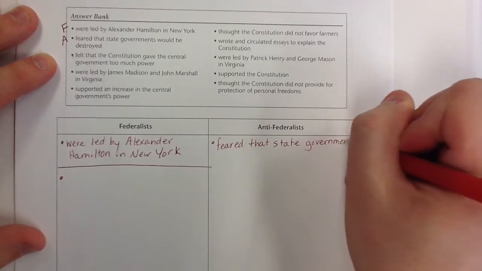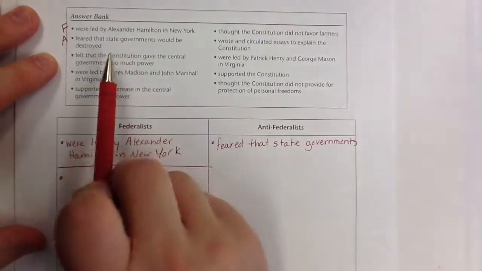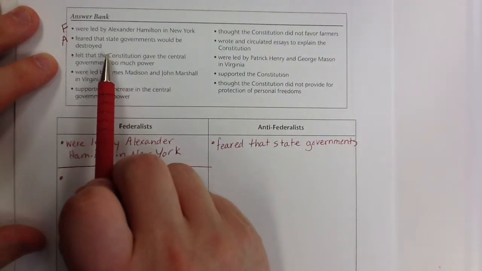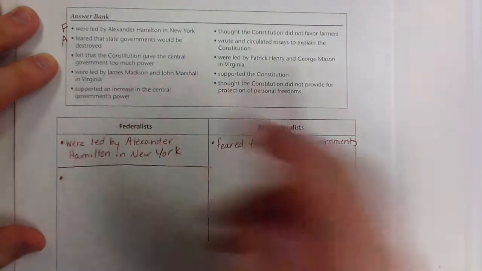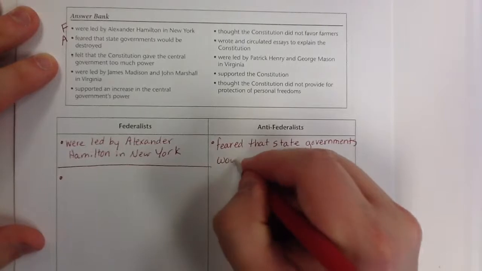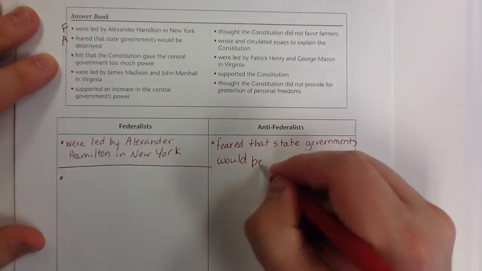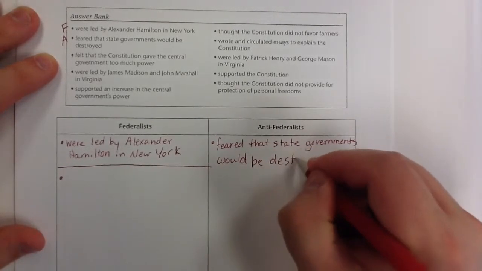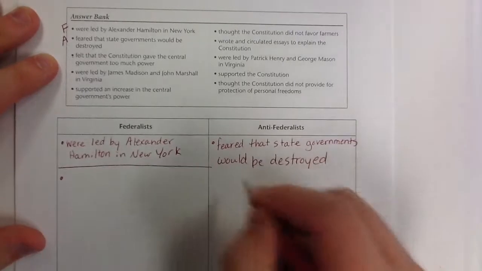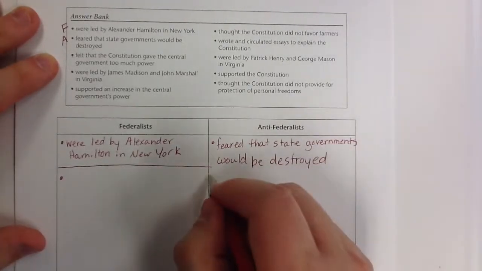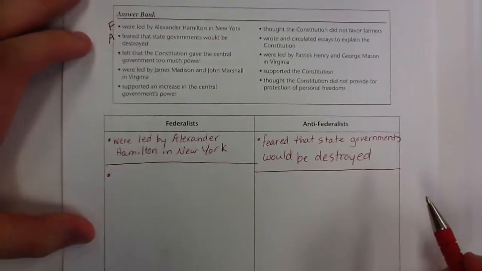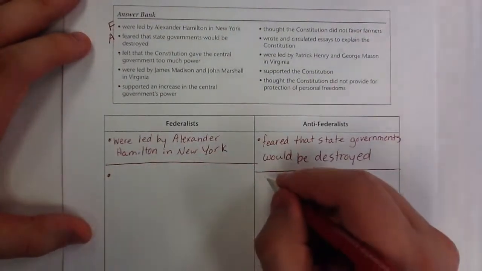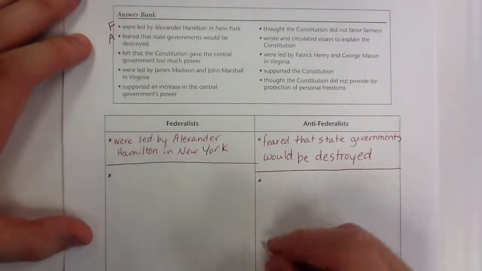No words should be spelled wrong since you're just copying from the answer bank. Okay, I have my bullet point, draw my line. It doesn't matter if it doesn't match up completely with the other side, okay? So you do your bullet point, write your answer, draw a line.